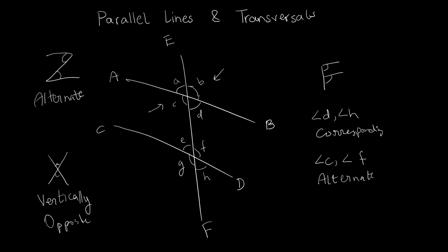Now, let's suppose I tell you that the angle B is 45 degrees. Find the other ones. You know that AB is a straight line, so A plus 45 should be equal to 180 degrees, and this would be 135.